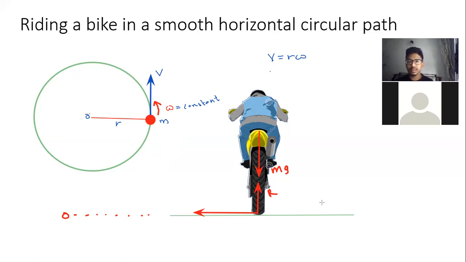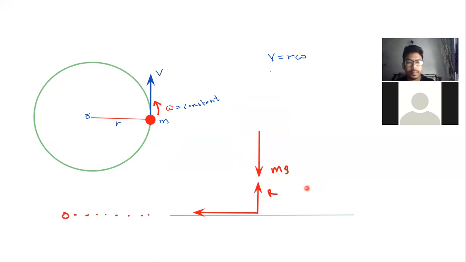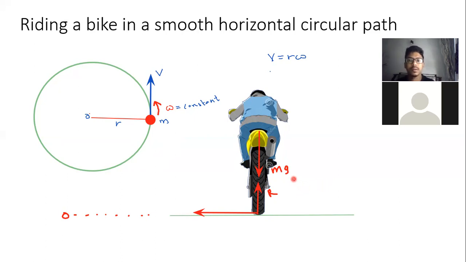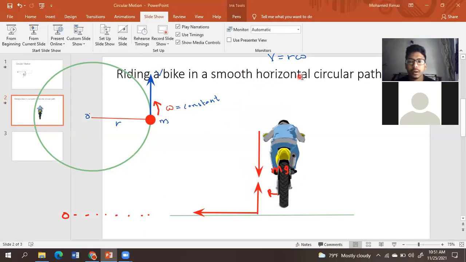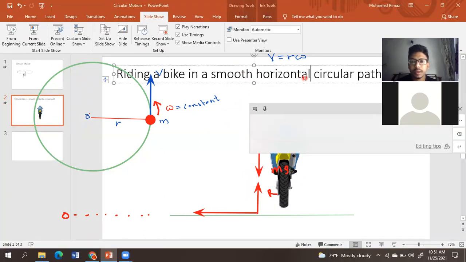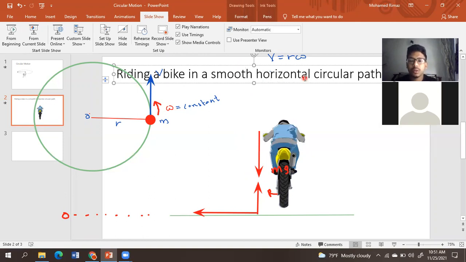So let's then write it down here. I am going to edit my topic as riding a bike in a rough horizontal circular path.